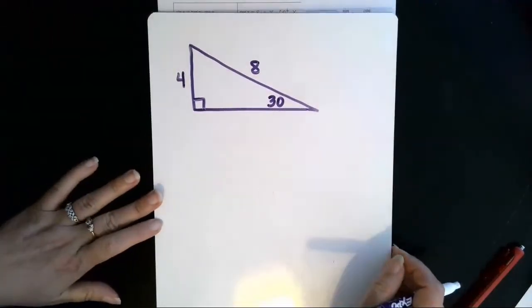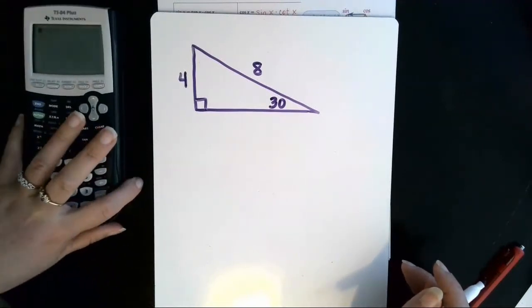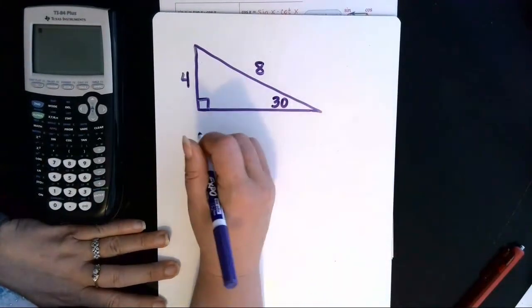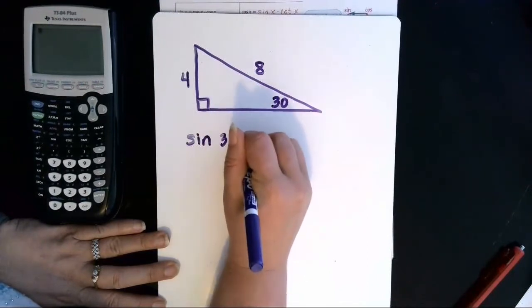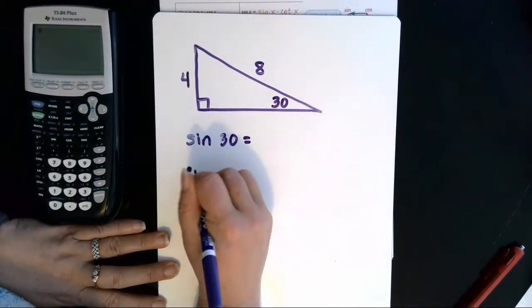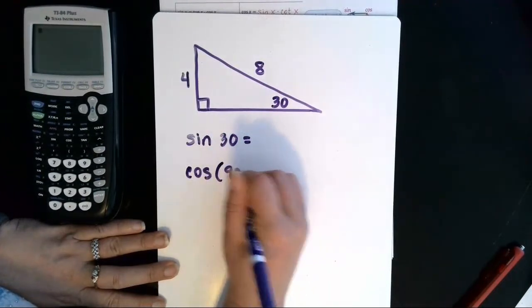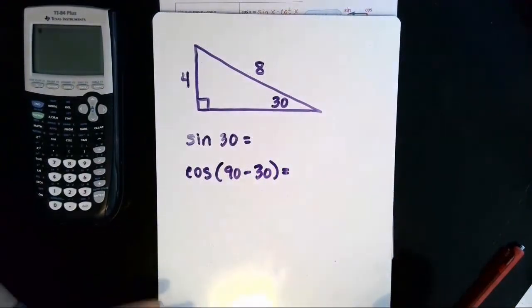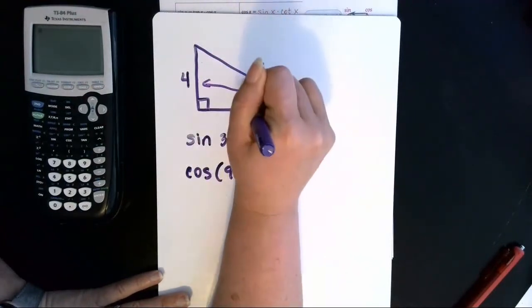Okay, so to review that cofunction relationship that we talked about in earlier units, remember that whenever you had a right triangle, we had a relationship that talked about the sine and the cosine of its complement. The sine is the opposite over the hypotenuse.